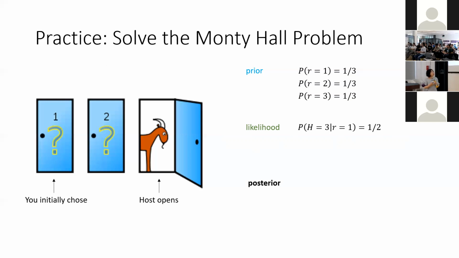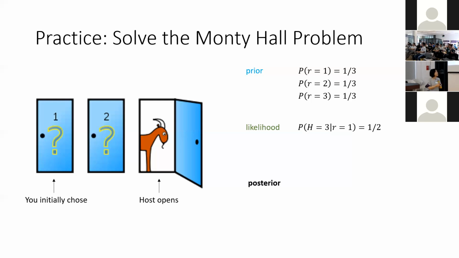From the host's move, what we can see is the likelihood of the host opening the third door. We use host = 3 to mean the host opens door 3. If the car is in the first door, then the probability that the host opens the third door is just one half, because he could open either door 2 or door 3.